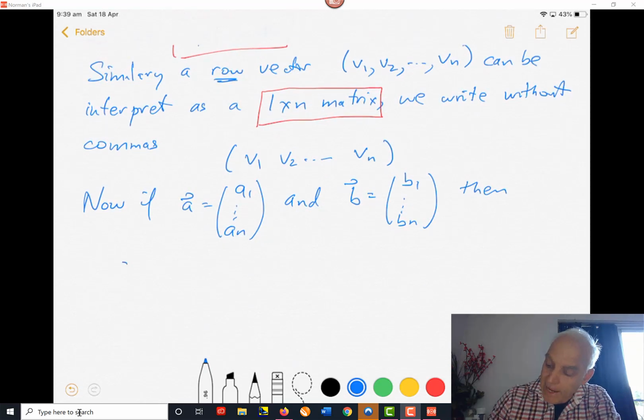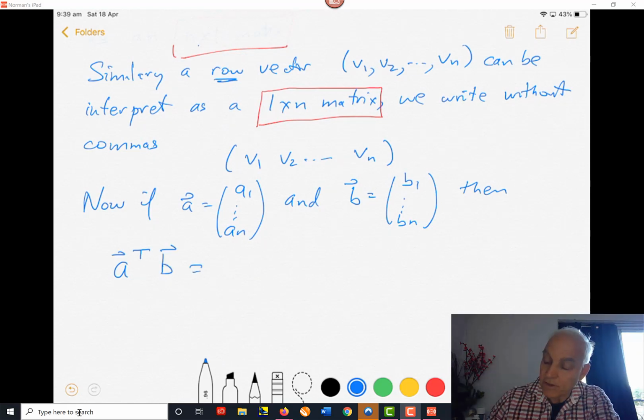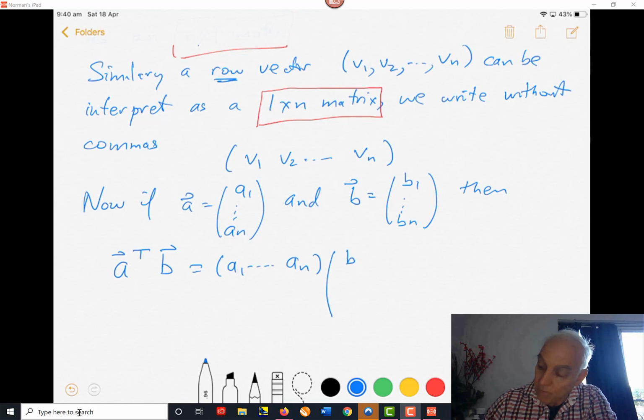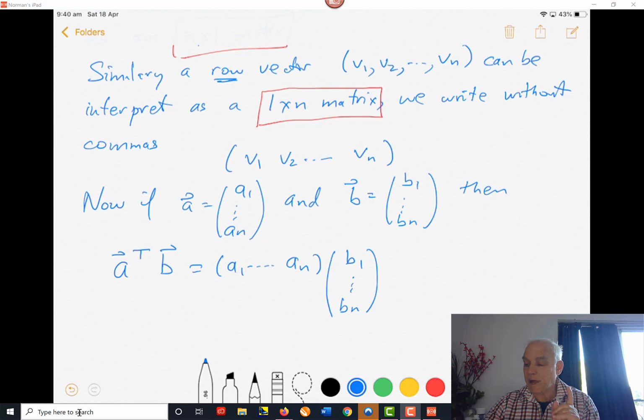When we take A transpose times B, the transpose of A will be the row vector A1 up to An. B is the column vector B1 down to Bn. And when we multiply them, we're getting A1 B1 plus all the way up to An Bn.